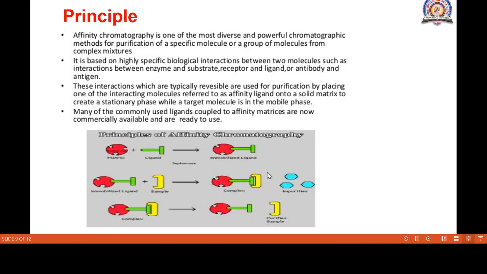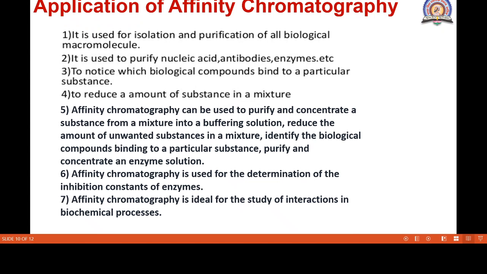During that the impurities are removed and this complex again we are going to separate by affinity chromatography. This matrix and ligand again get separated and the sample gets purified. So in this way we can purify complexes or proteins, etc. Biological molecules are purified by using affinity chromatography.